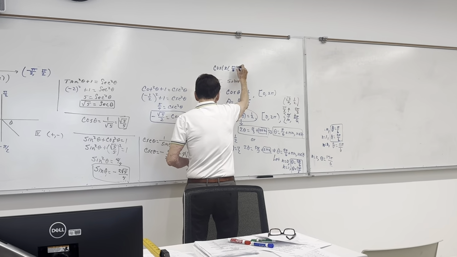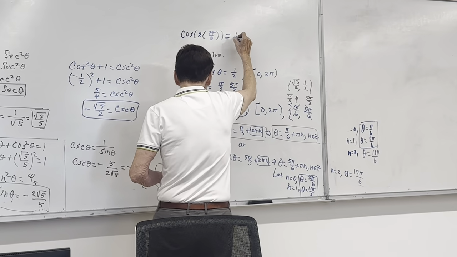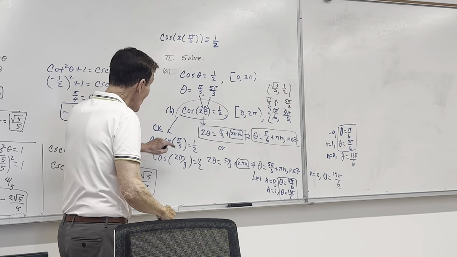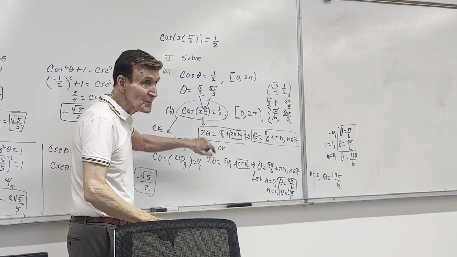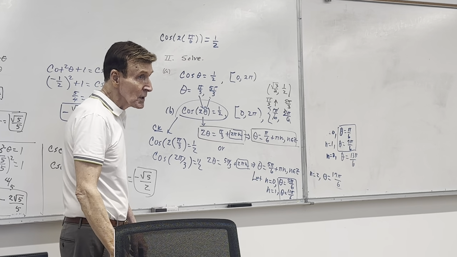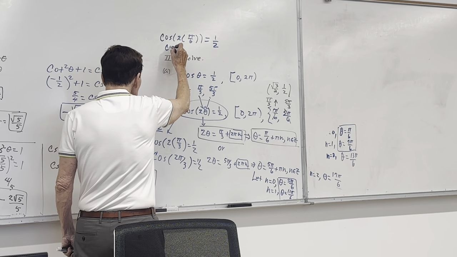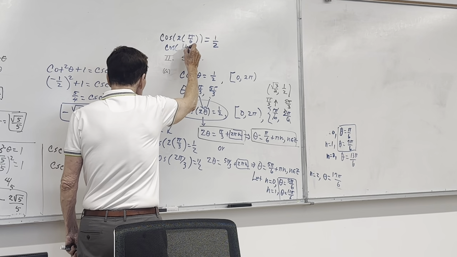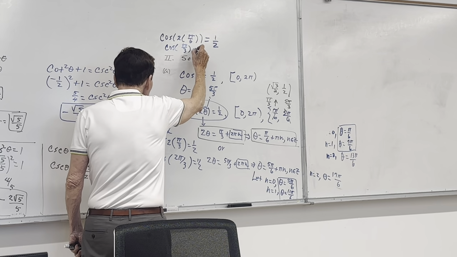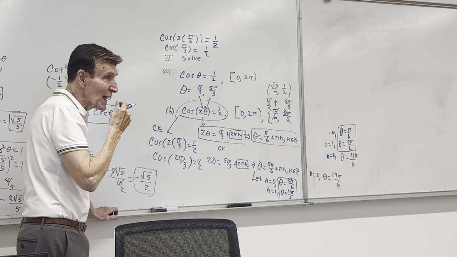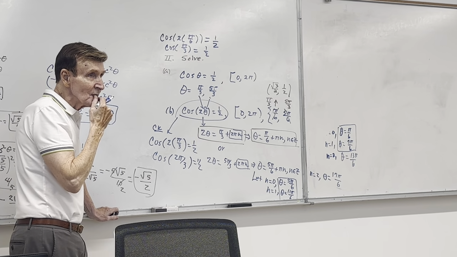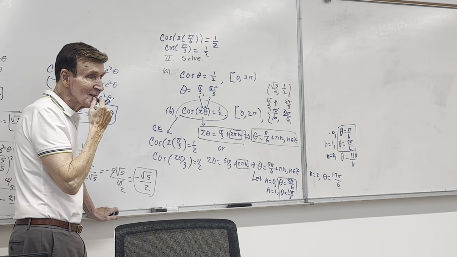Now, I replaced theta by pi over 6. This was the original problem, I think, wasn't it? If it checks, we're good. This is cosine of, that becomes what, pi over 3? Now, can anyone tell me on the unit circle that pi over 3 is the x-coordinate 1/2? Pi over 6 is one of the answers.